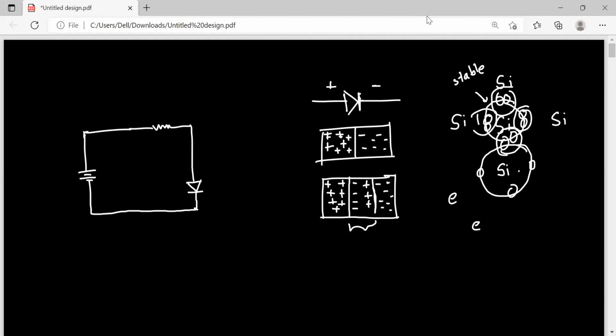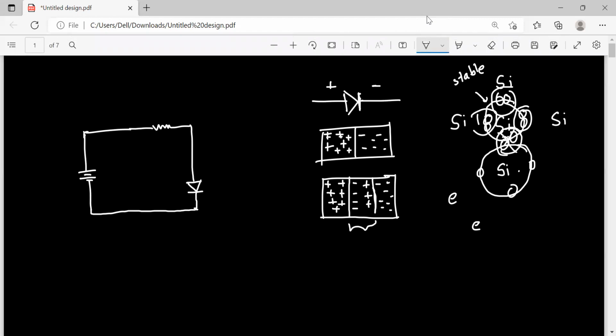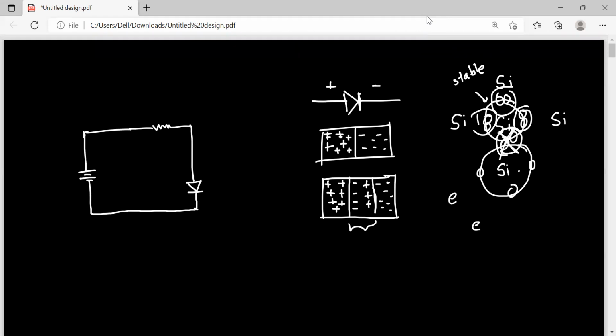But in semiconductors like silicon, there won't be any free electrons at the beginning. If you give a temperature to this silicon, it's going to break some bonds. So let's say if this bond is broken, these 2 electrons will go outside the silicon, which means they will act as free electrons, so that it will start to conduct electricity.